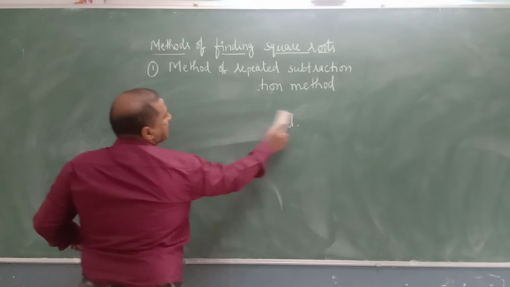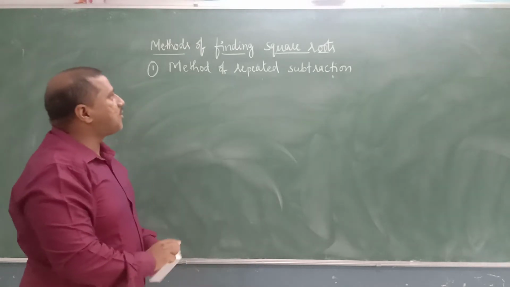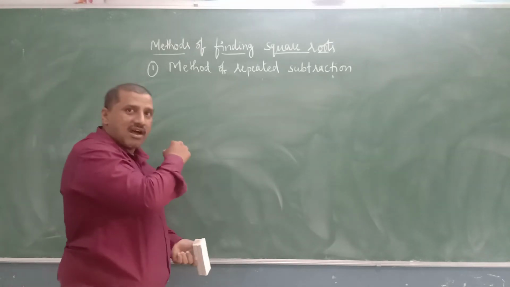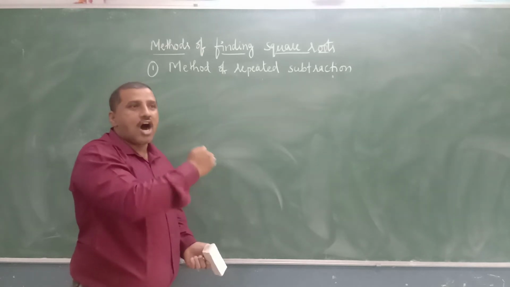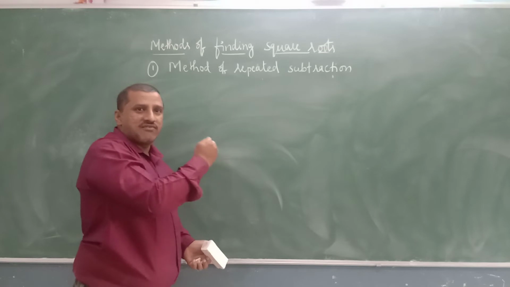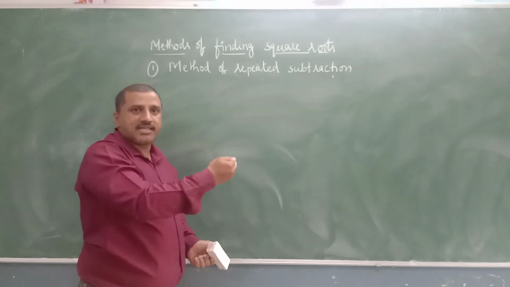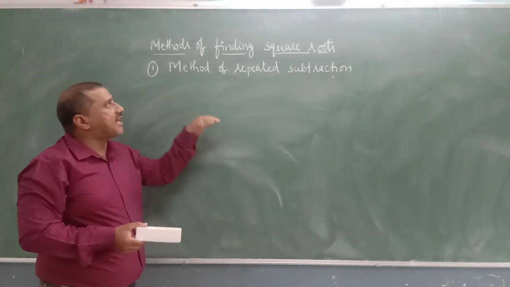of repeated subtraction. In the previous class we studied how to find square numbers. One method we studied was adding odd numbers starting from 1. The sum which we get is a perfect square number. What is the inverse operation for addition?